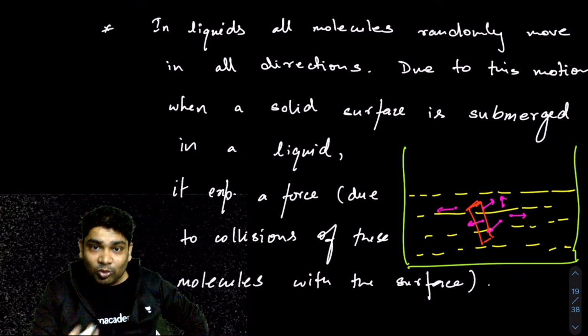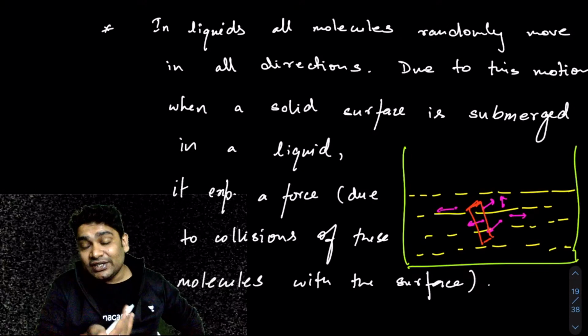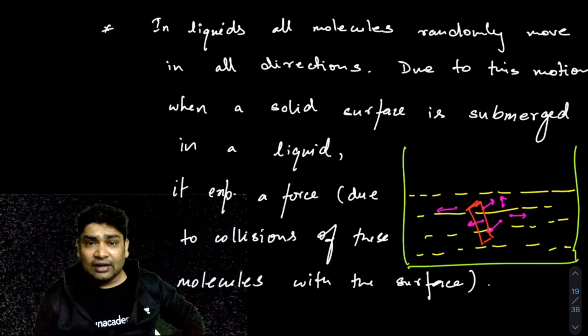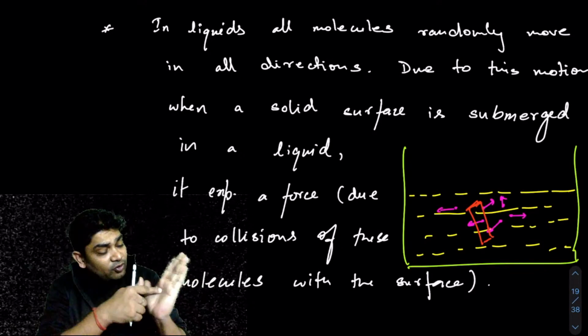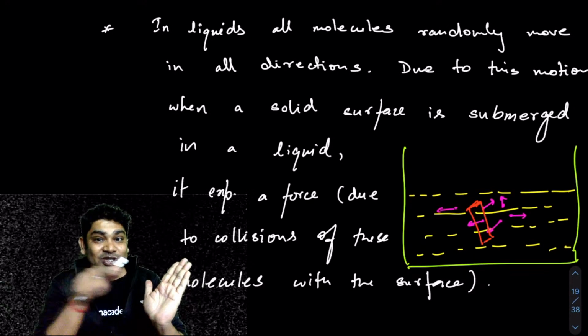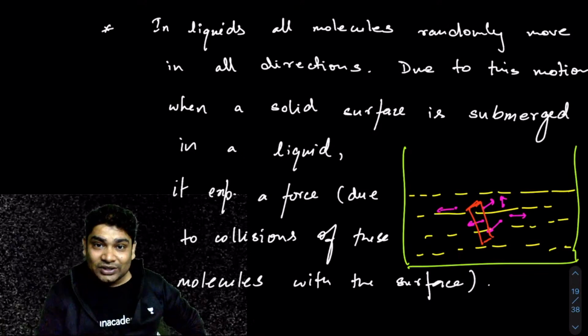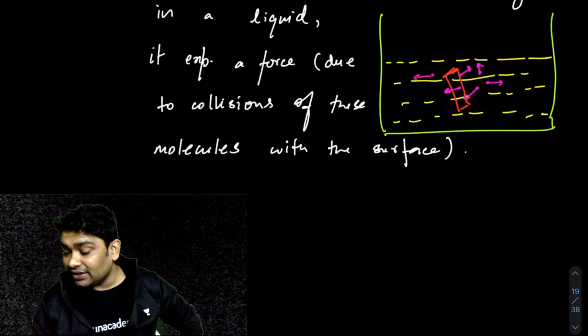So there will be a lot of molecules that will go and collide against that surface, and in that process of collision, they end up exerting a force. Now, what you will realize is that obviously that force of collision, because it is rebounding, is normal reaction, right? So that is why this pressure exerted is always normal to the surface.